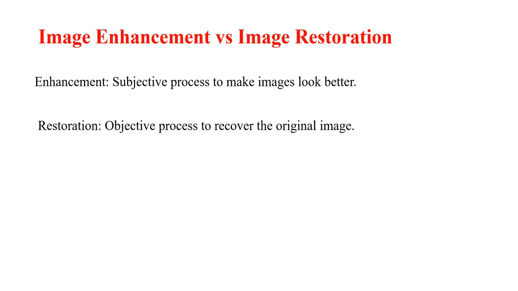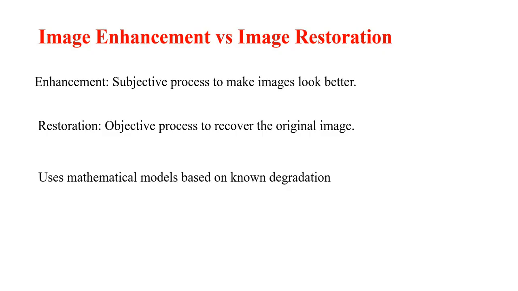In order to do this, we use a mathematical model or models and also prior knowledge about how the image got degraded. For example, if the camera shook while taking a picture, we model that motion blur and apply the inverse to restore the image.